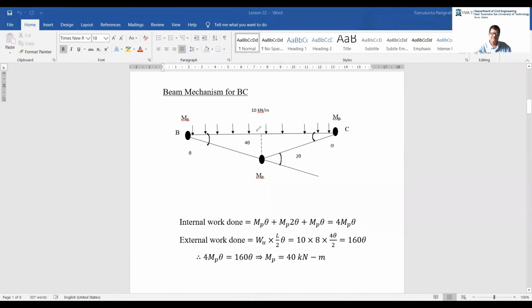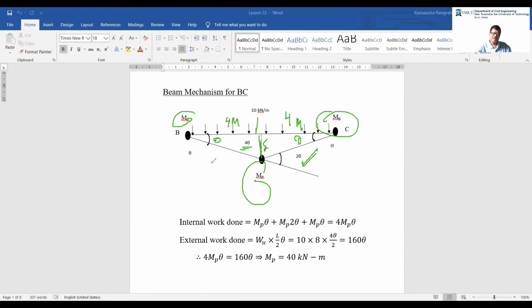So here we'll have 4 meter, and this side also 4 meter. And here will be Mp, Mp, and Mp, because the moment capacity is the same throughout. Symmetrical means the rotations will be theta, theta, and 2 theta. So delta will be equal to 4 into theta.